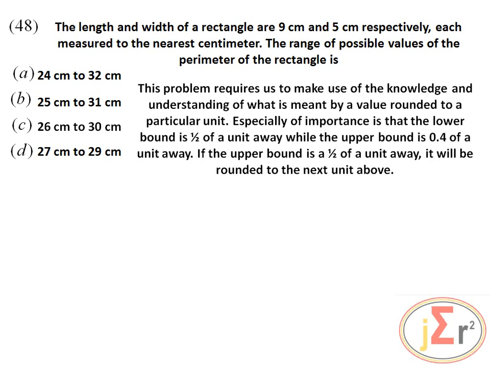That means that since we are talking about 9, if we start at 8.5 rounded, we will get 9. But if we put 9.5 rounded, we will get 10. So the maximum that we can go is 9.4.